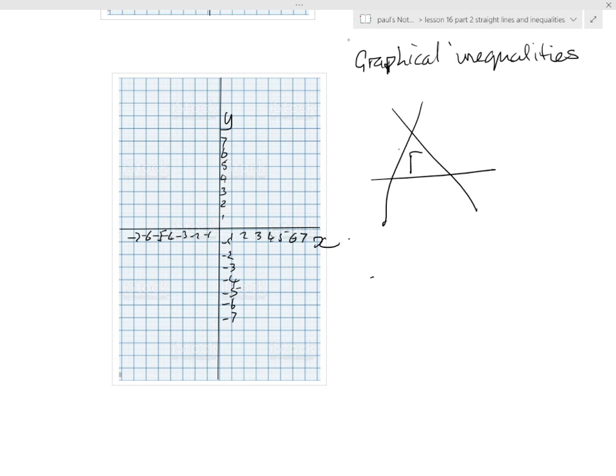And this is always marked with an R, which is the region of inequality. So this is why we had to learn how to draw straight line graphs before we can do this bit. So you have to do both.